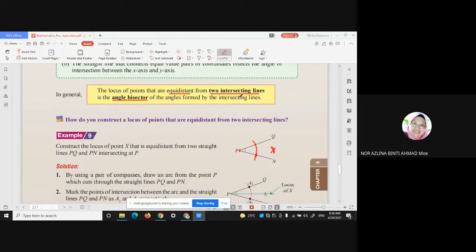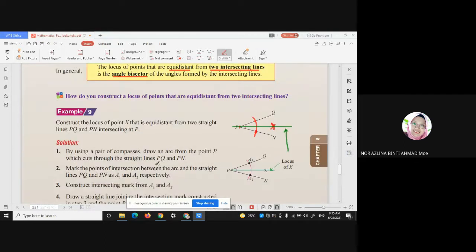And we draw the straight line from P to that intersection. So this is the locus of X. This is the step how we draw the locus.